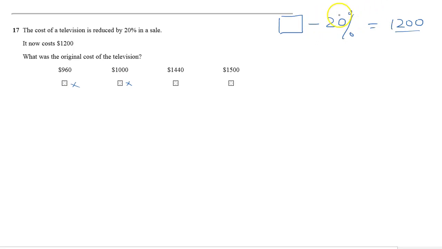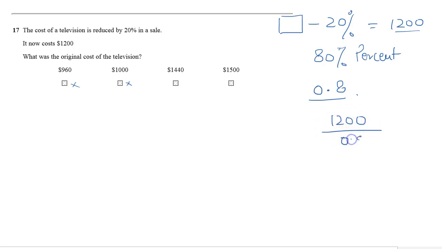Now how to solve it? So if 20% is reduced, so 80% remains. If we convert 80% into decimal, it is 0.8. So for such kind of questions, 1200 divided by 0.8, that is 1500.